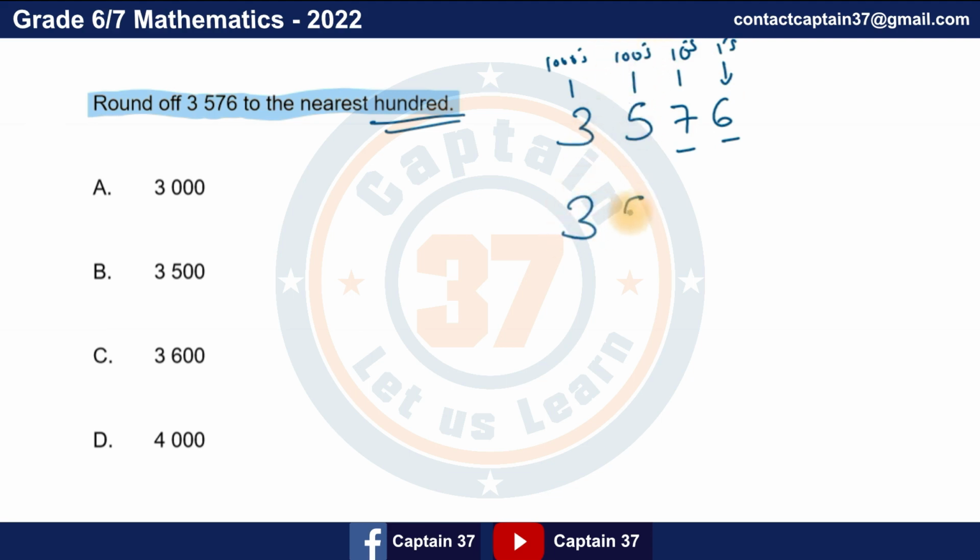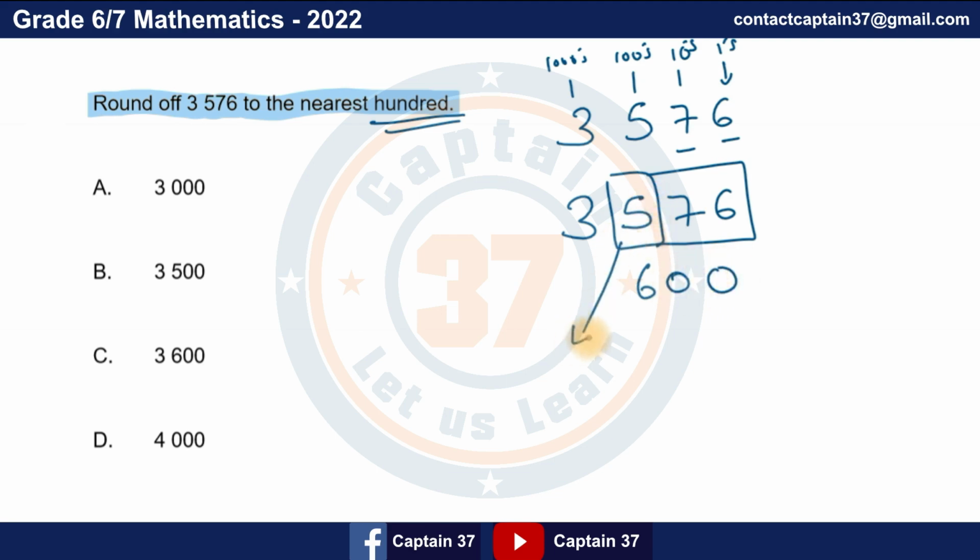I'll write the number here again. We are only interested here, and obviously taking this into consideration. Now, this can either go up by 100, meaning it will become 600, or it can go down and it will become 500.